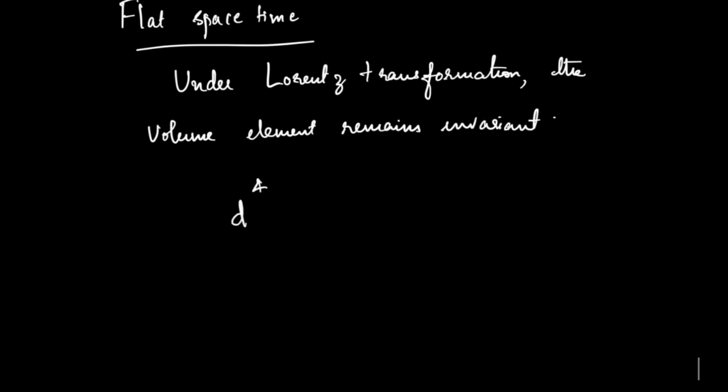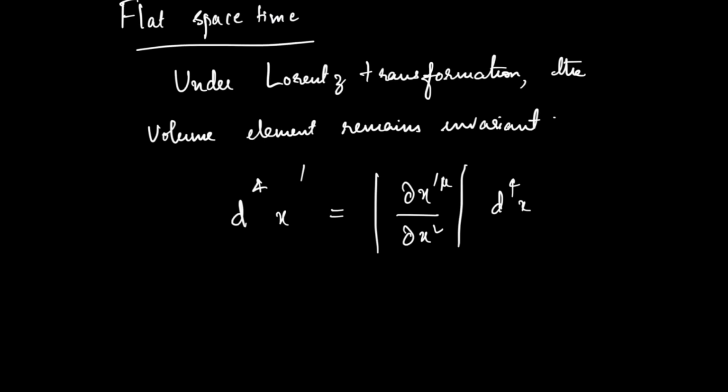Okay, so I can write the volume element as d4x. If I am writing the transformation, then d4x' must be the partial derivative of x'^μ with respect to x^ν.